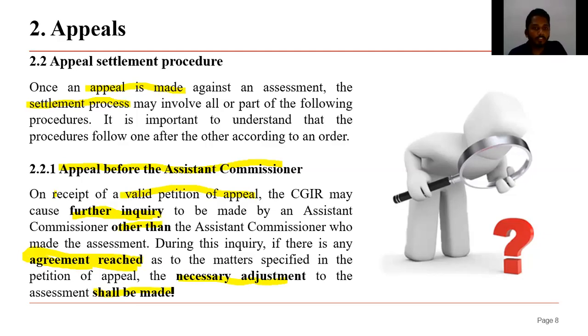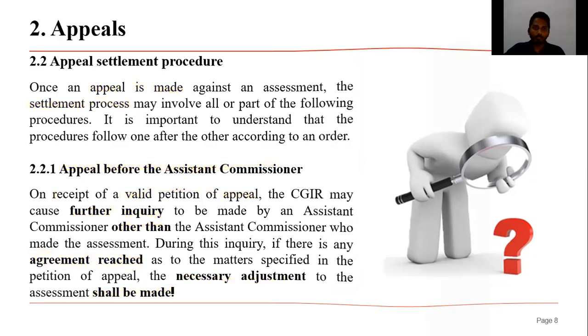Then you have to pay an additional 50, even though the assessment says 100. Then the agreed amount is 150, both parties agree, and you pay the balance 50, with VAT on the balance 50. That is one scenario.